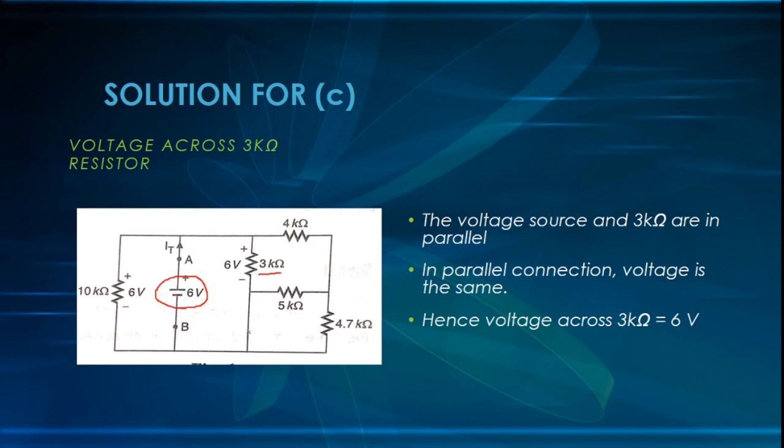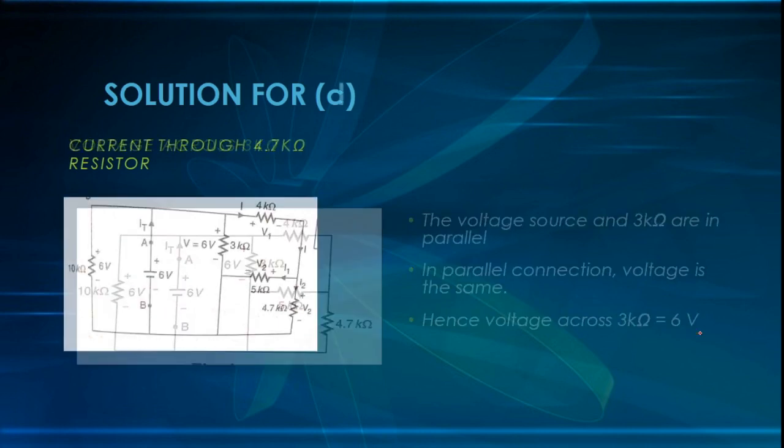The negative end of voltage source is connected to negative end of resistor, which means these two are connected in a parallel fashion. And according to the general analogy in circuits, voltage will remain constant in a parallel combination. So across 3 kilo ohm also the same voltage is going to flow. So the voltage is going to be the same 6 volts across the 3 kilo ohm.